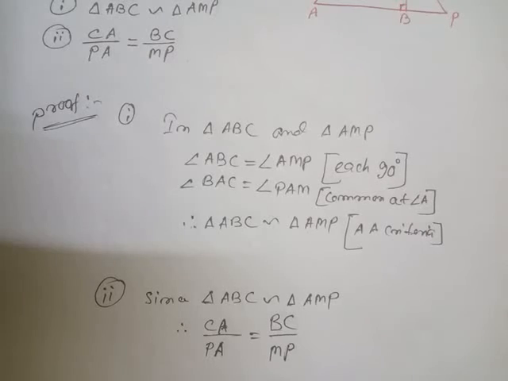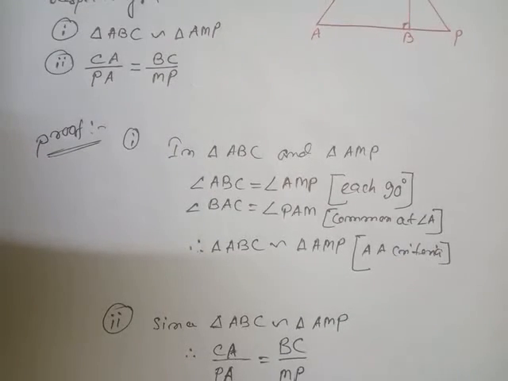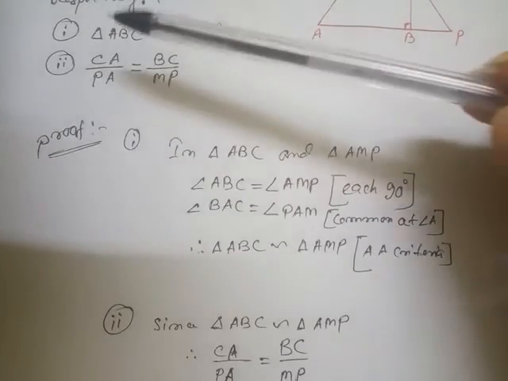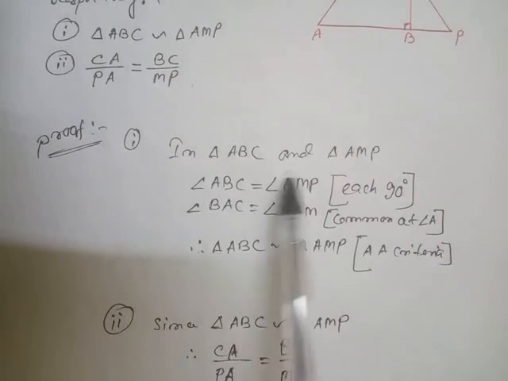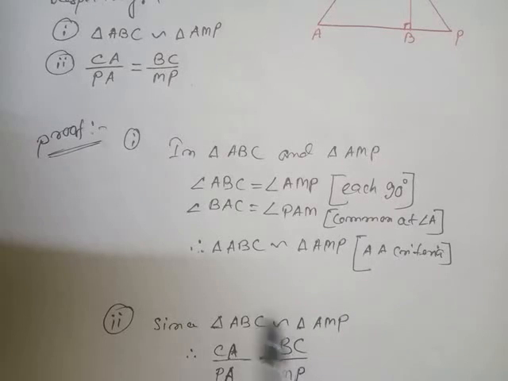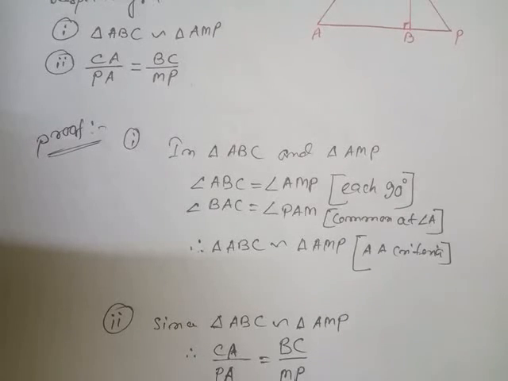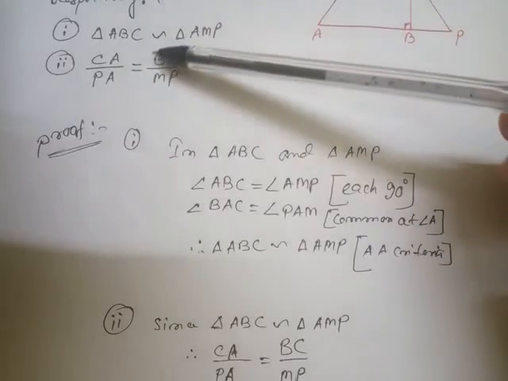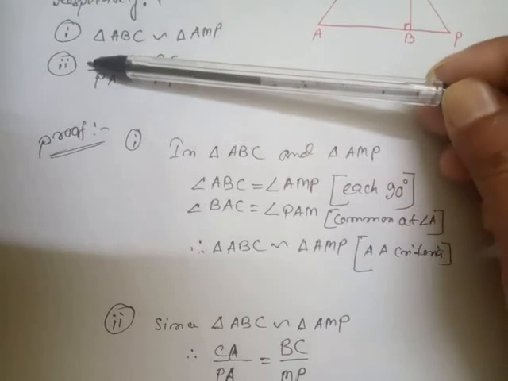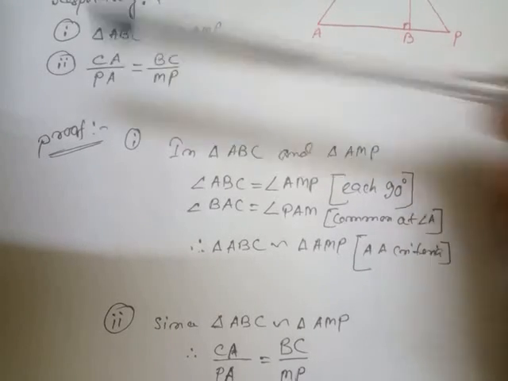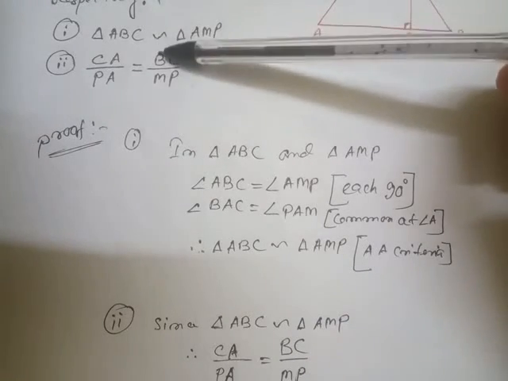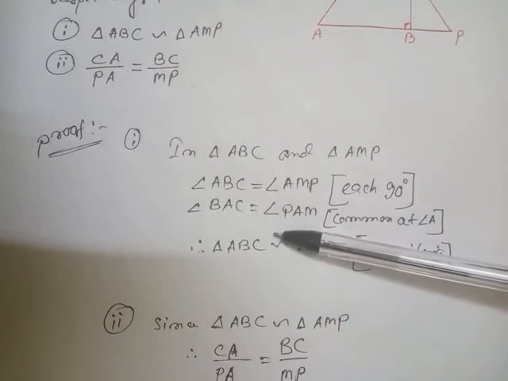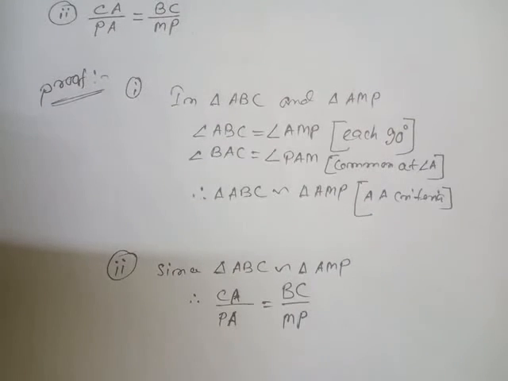I repeat again, if the first part is not given in the question, only the second part, then we have to do the first part first, then go for the second. But if the question gives only the first part, then we'll do up to this much. But if the question gives both parts, then we'll do the first part, and after that we'll go for the second one directly.